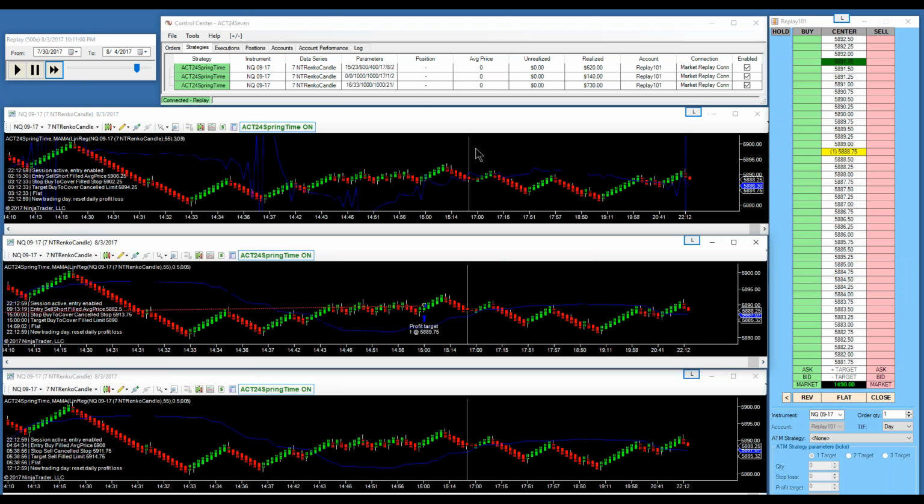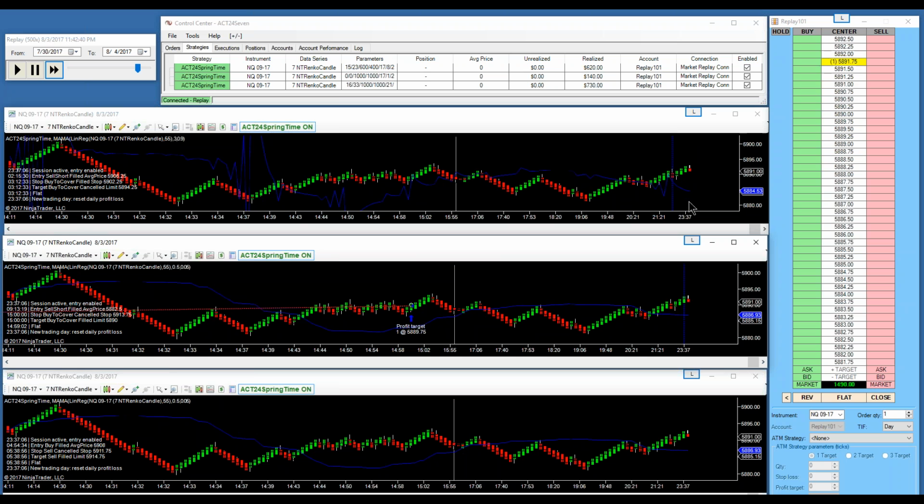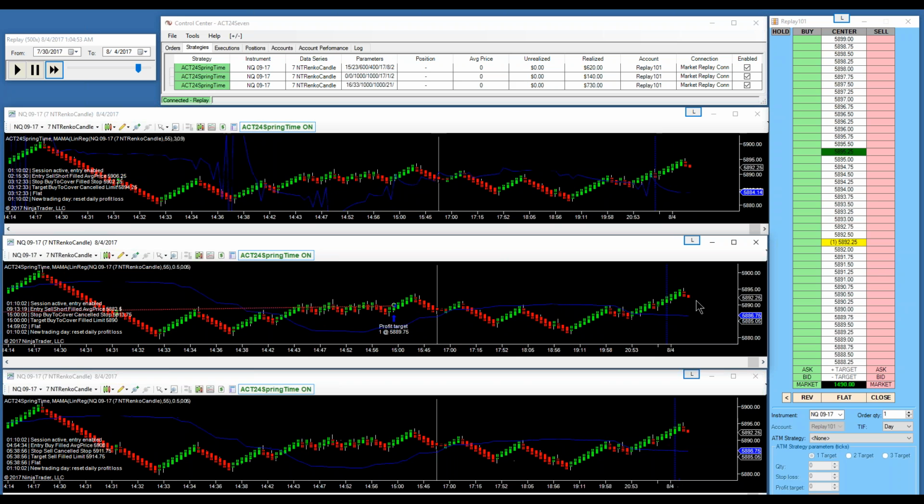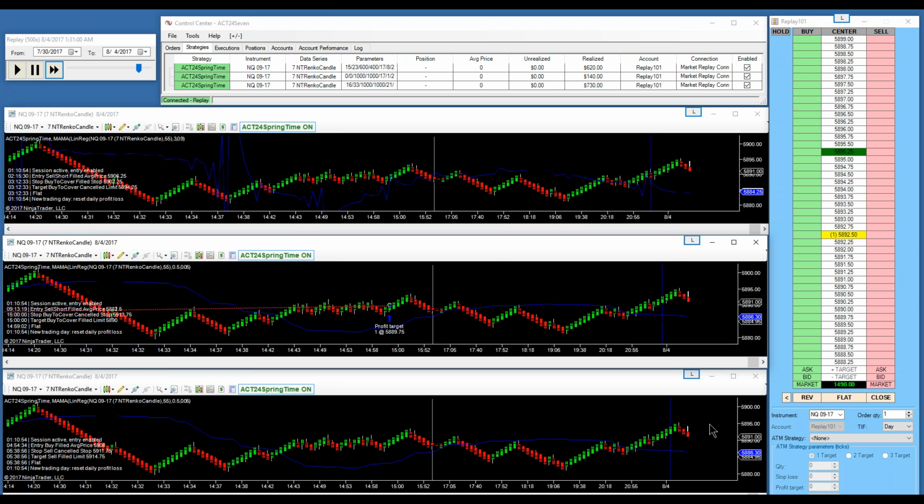Each day after the open, we have to wait for the blue line, the vertical blue line. Okay, we have it on 2 charts. All 3 charts.